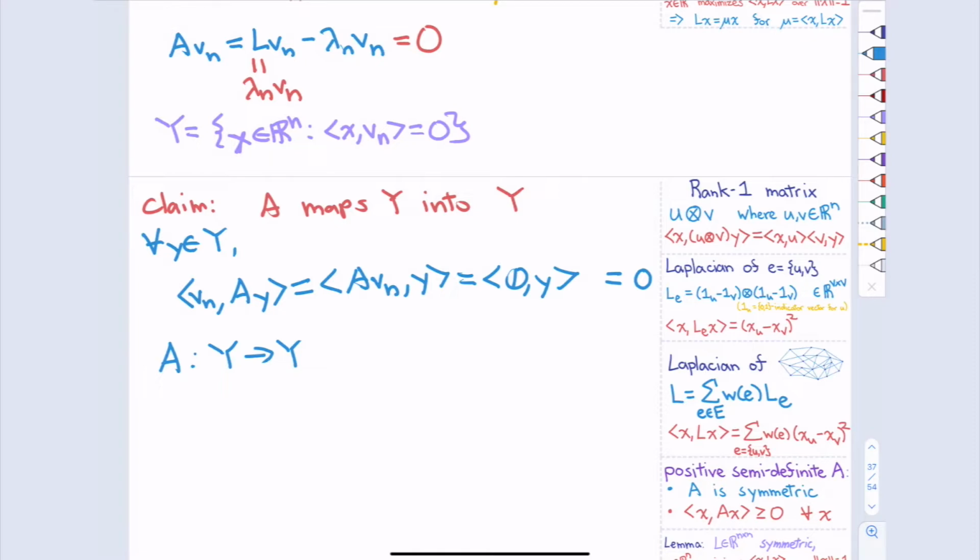So by induction, we have that A is equal to a sum of outer products of an orthonormal basis. Sorry, there's so much writing to do.